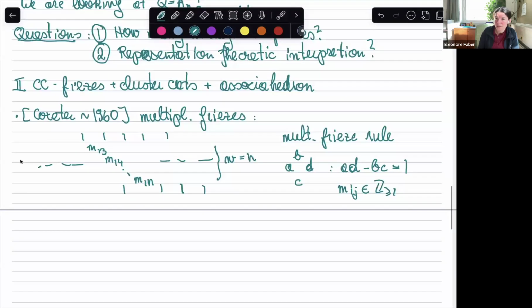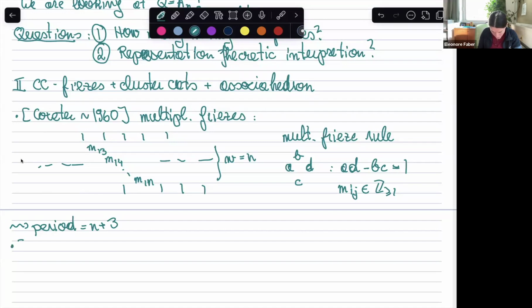For these multiplicative friezes, it was also shown by Coxeter that the period is not n plus 2, but actually n plus 3. So width plus 3, so it's not the Coxeter number.